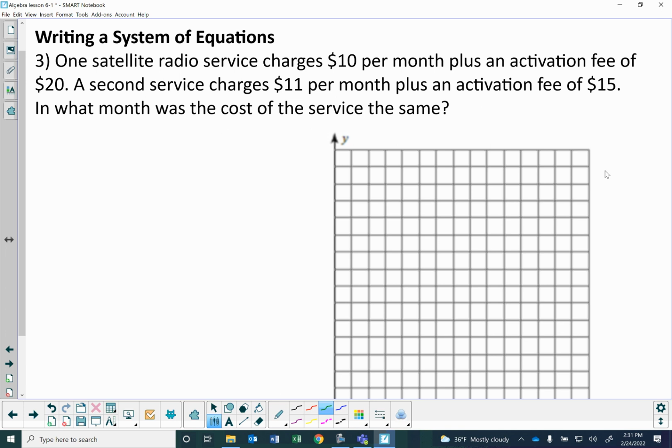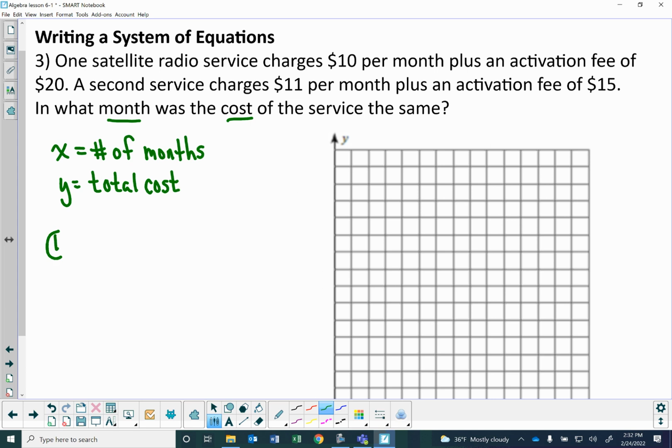Okay, so we're looking for the month and the cost. So I'm going to let x equal my month, and in this case it's going to be number of months. And I'm going to let y equal my total cost. We have two satellite radio services.